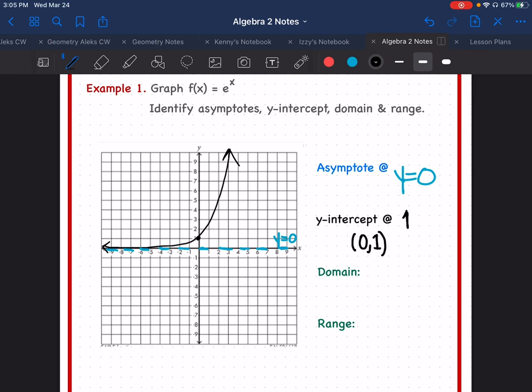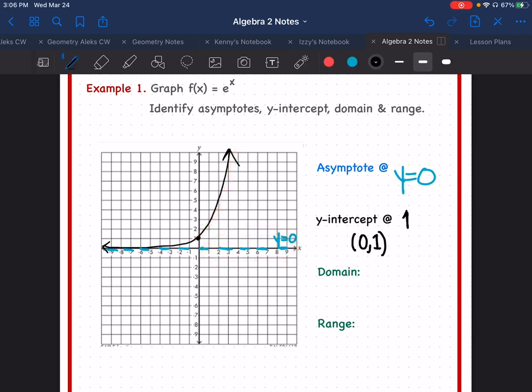There we go. Remember, your domain is your x values. Your x values are only hindered by a vertical asymptote. There is no vertical asymptote. There's none at all. I'm just making these up to show you what they would look like. I can see the graph right here in the negative portion of x, and I can see the graph right here in the positive portion of x.